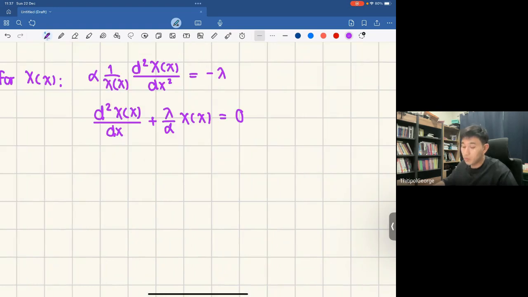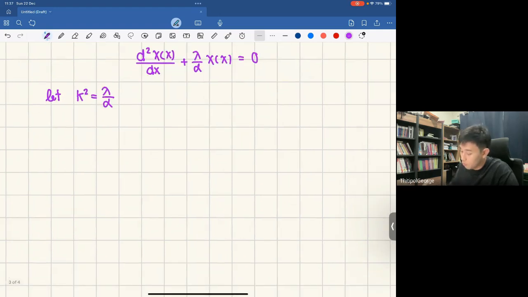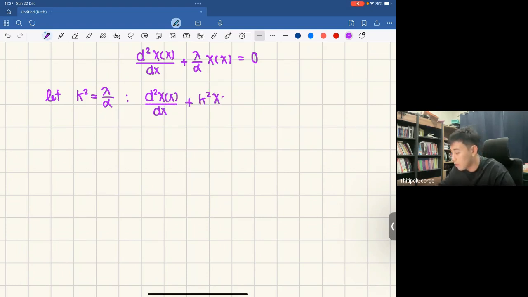Now let me assume k squared equals lambda over alpha. So we will get d²X/dx² plus k squared times X, X as a function of x, equals 0.